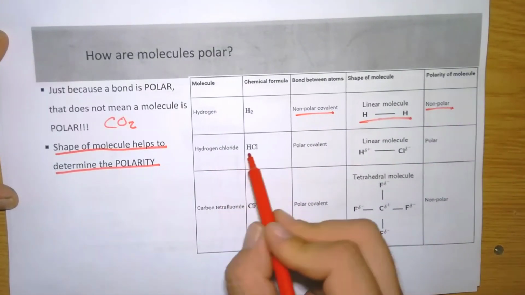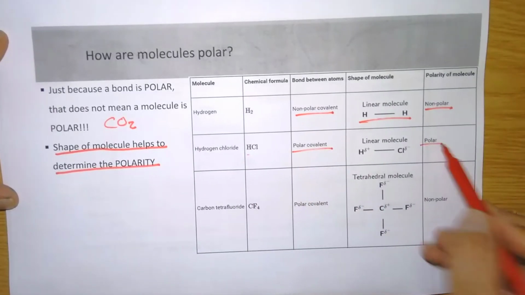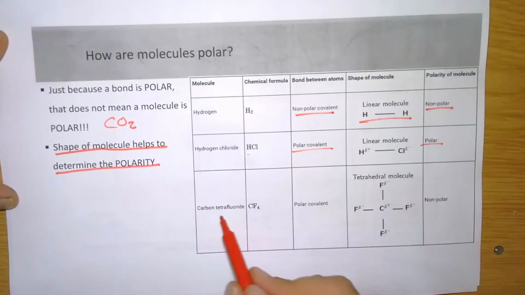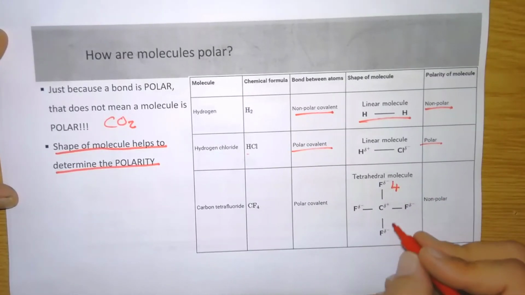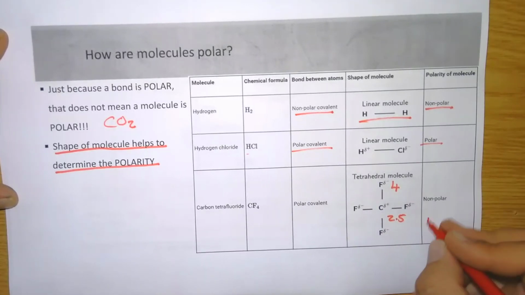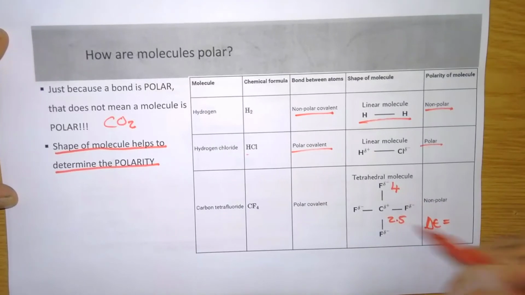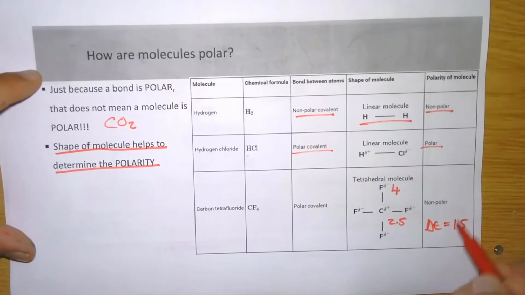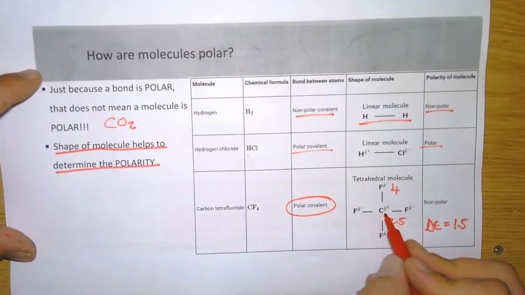So hydrogen diatomic, meaning non-polar covalent bonds, non-polar molecule. Okay, hydrogen chloride, we did in the example, polar covalent bonds, polar molecule. Carbon tetrafluoride, fluorine having an electronegativity of 4, carbon like we said in the previous one, 2.5. So the difference in electronegativity is equal to 4 minus 2.5, which gives us 1.5, and that makes this a very, very polar covalent bond.